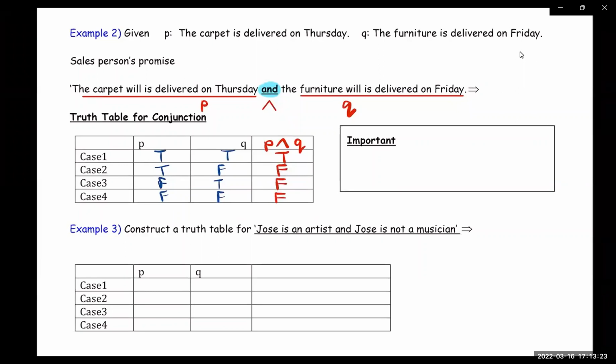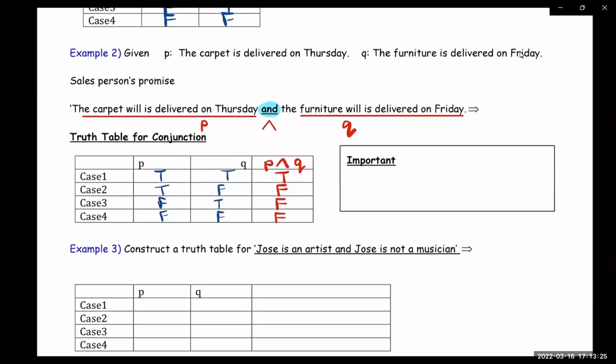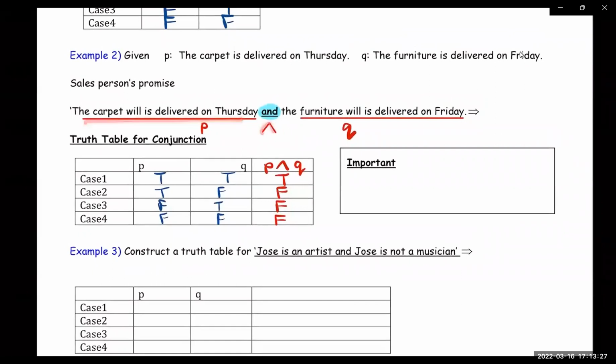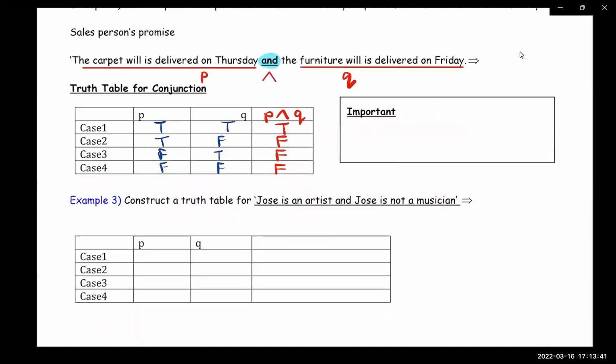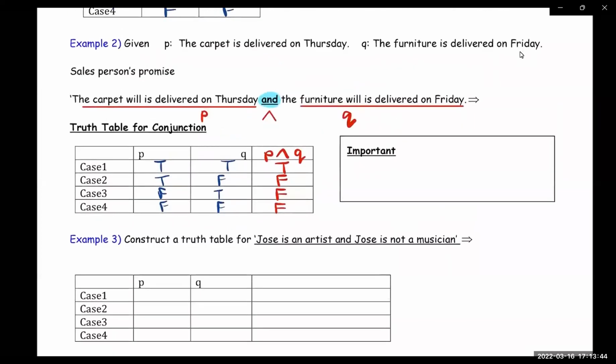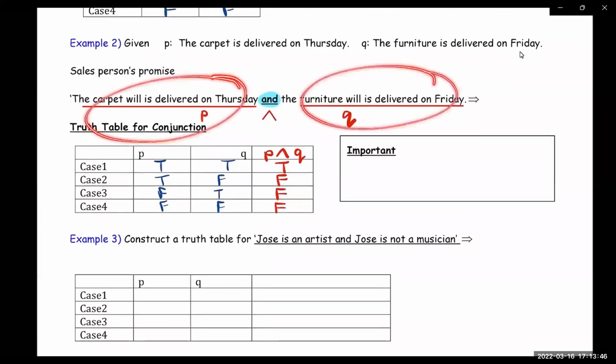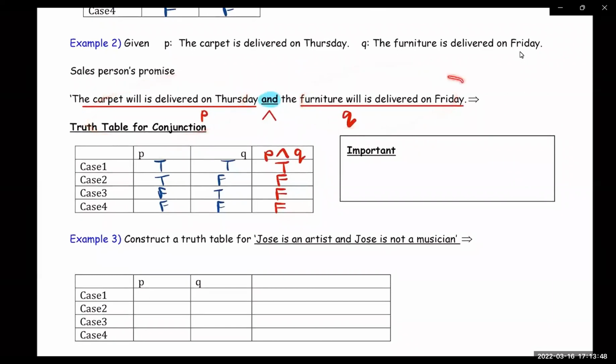So this statement, because it's P and Q, that would be true, because this is P, that's true, and that's true. Oh, I'm sorry, no. If this is true and this is true, then the entire statement is true.